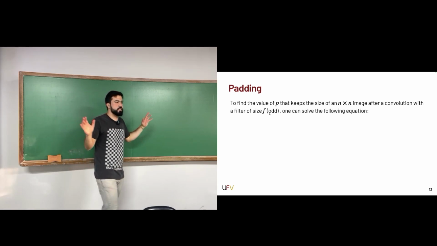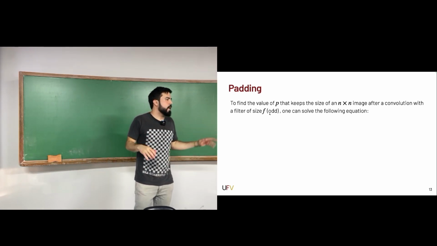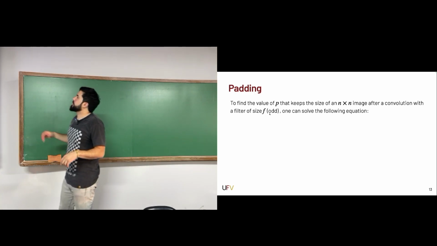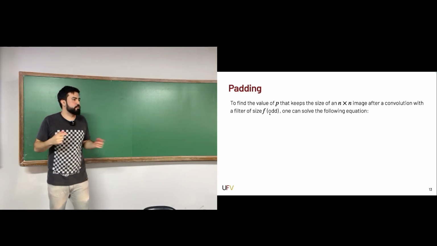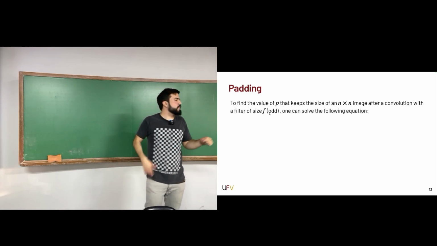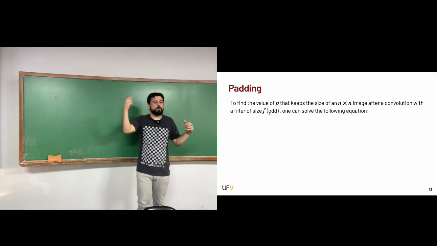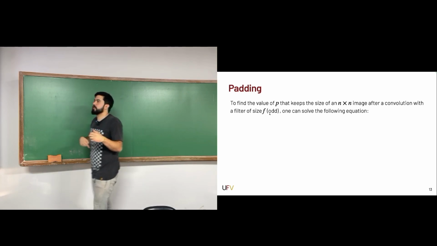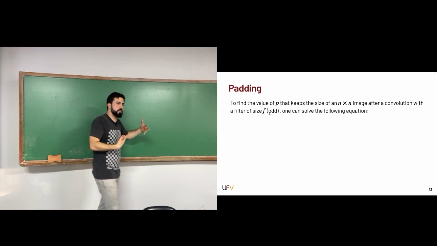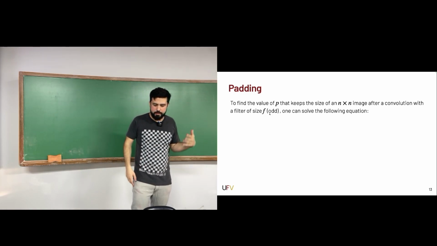So for any image of size n by n, I want to know how much padding I need to add after convolution with a filter of size f. So I give you a filter size and an image size, and I want to know how much padding I need to keep the original size of my image.